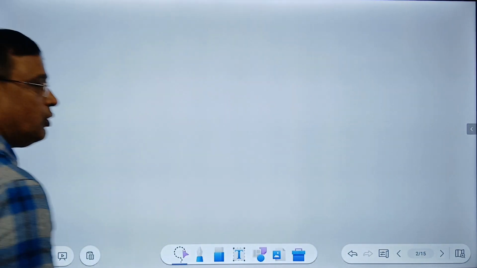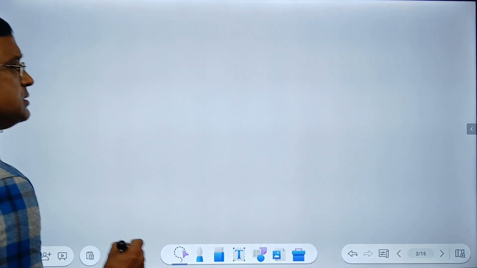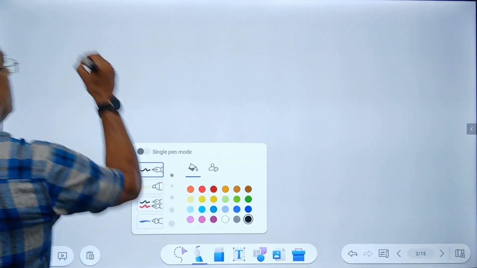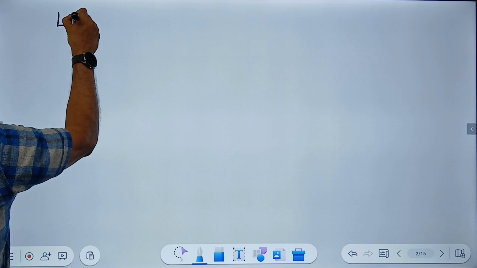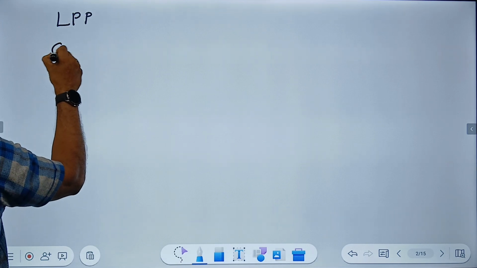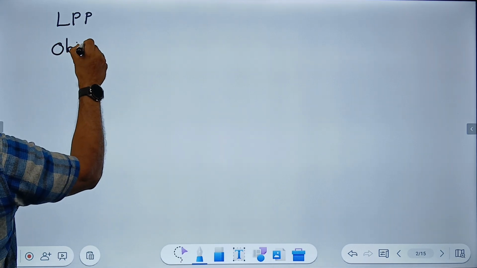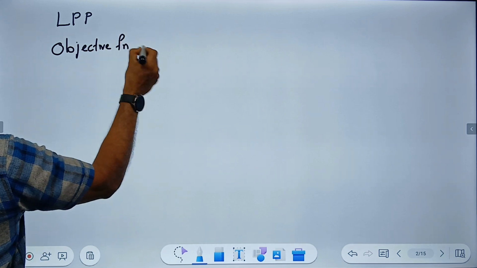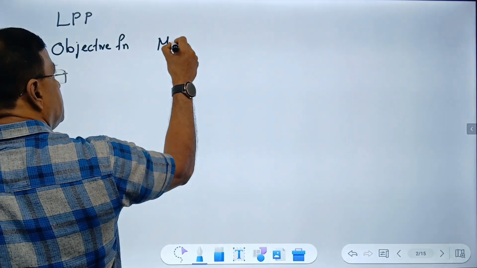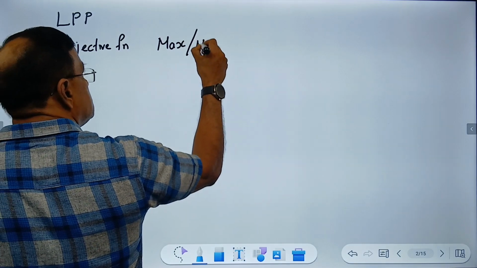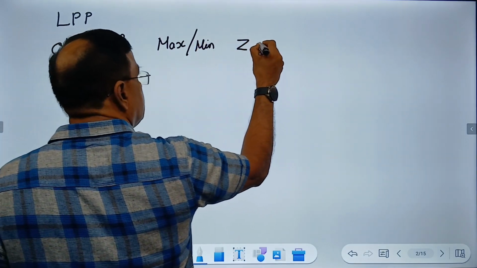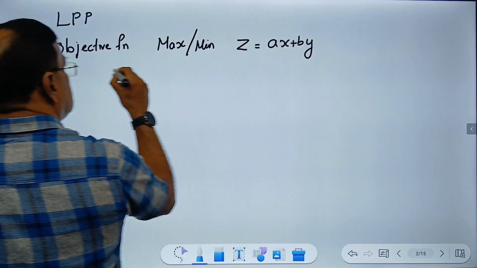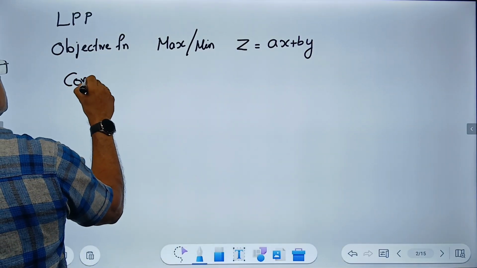Now, what is an LPP? Just a quick outline. A linear programming problem should have the following things. First, it should have an objective function. Objective function means it should either maximize or minimize a linear function of the decision variables, ax plus by, subject to the constraints. The next is the constraints.